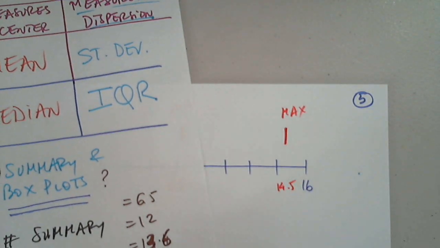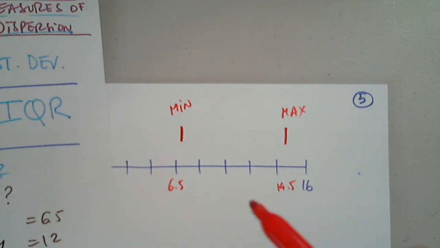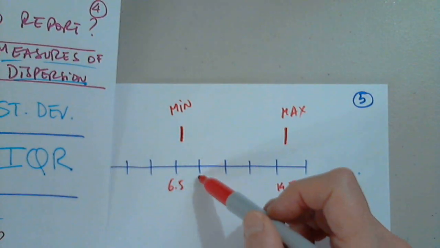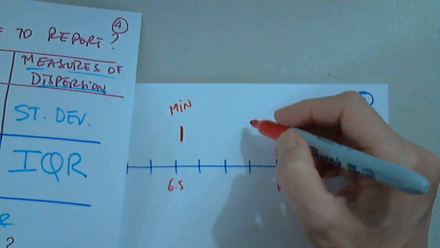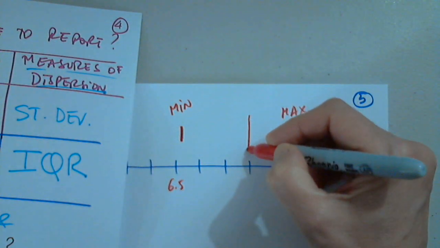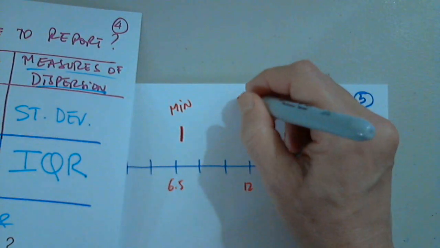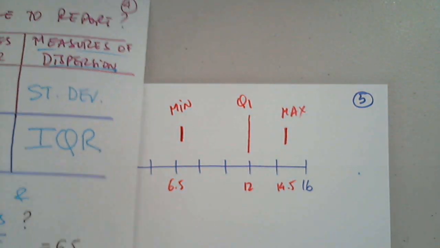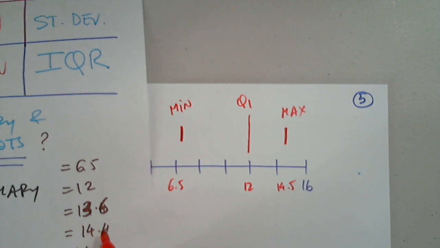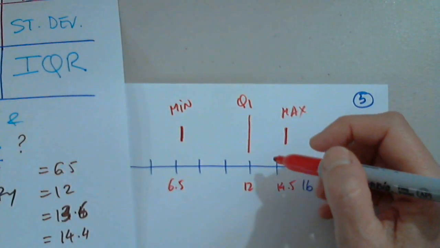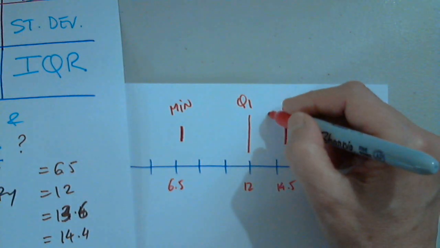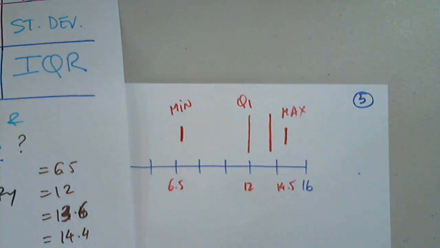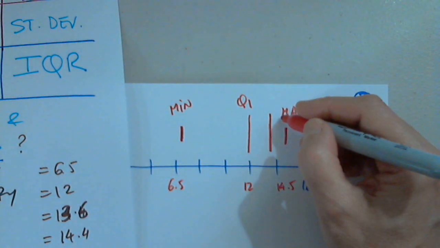Okay, now Q1. Q1 is at 12. 6, 8, 10, 12. So this is Q1. Q2, 13.6. So this is 13, 13.6. And 14.4.